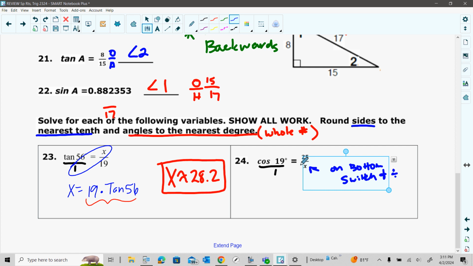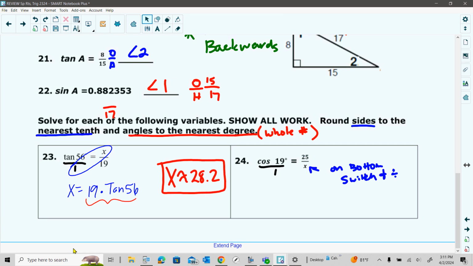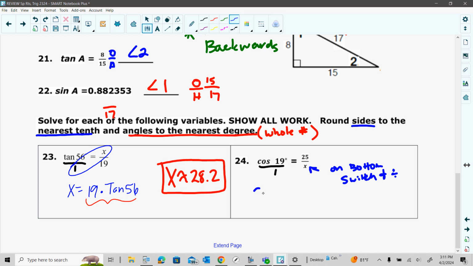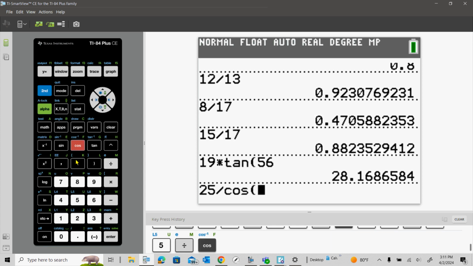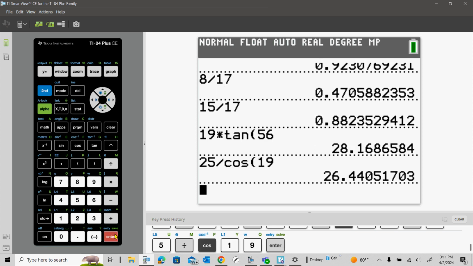So I'm switching the x and the trig function here. So really when I'm writing it, my x is equal to 25 divided by cosine of 19. And that's what we're putting in the calculator to solve. So I'm doing 25 divided by cosine and then 19. Round to the nearest tenth, that's 26.4.